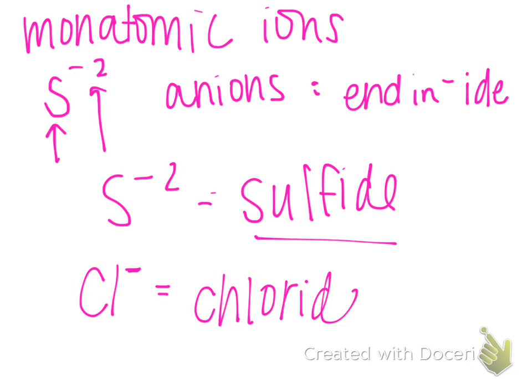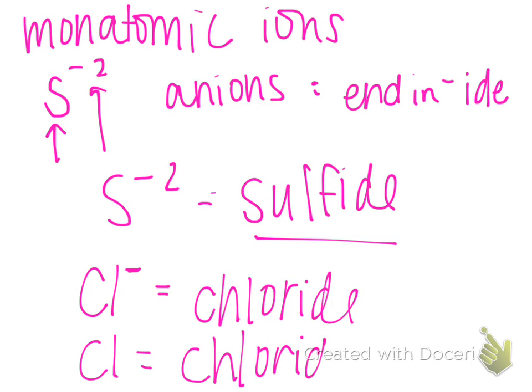Chloride. Okay, and if you saw something that looked just like this, Cl, what would that be called? Chlorine. Okay, so I need to make sure that you see the difference between those two things. Charged and uncharged particles behave differently, and they have different names completely. So make sure that you understand if that has a charge, we have to be looking at that.